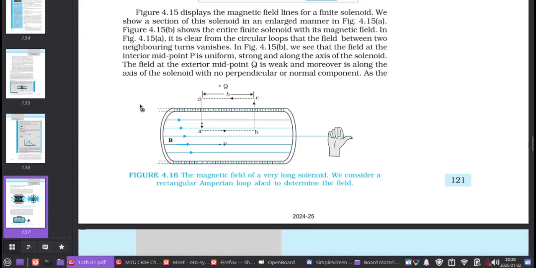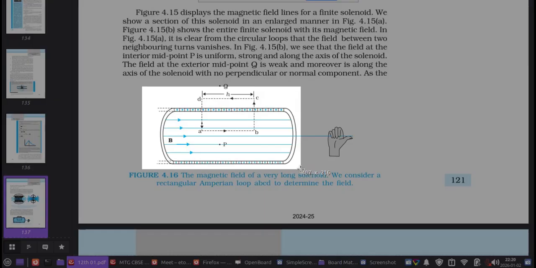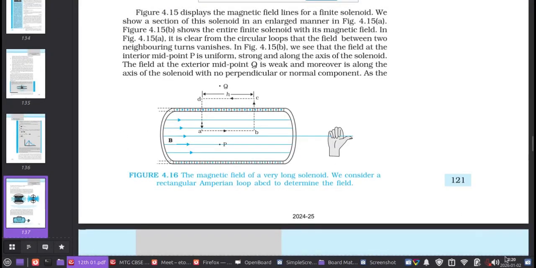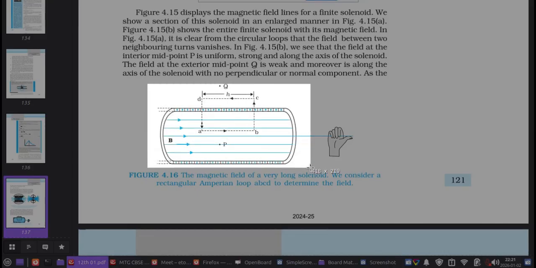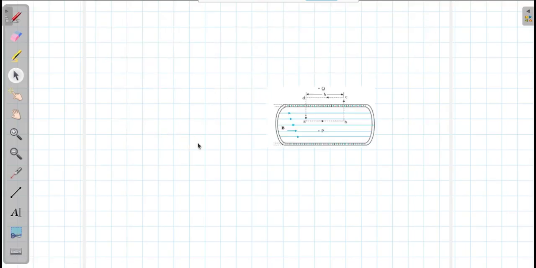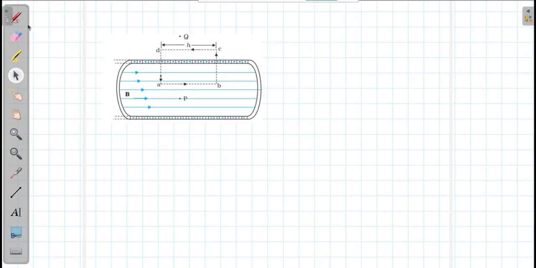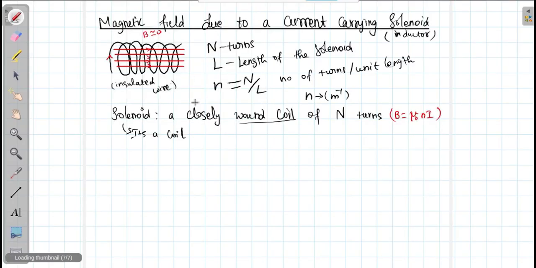See, this is the cross-sectional view of the solenoid.